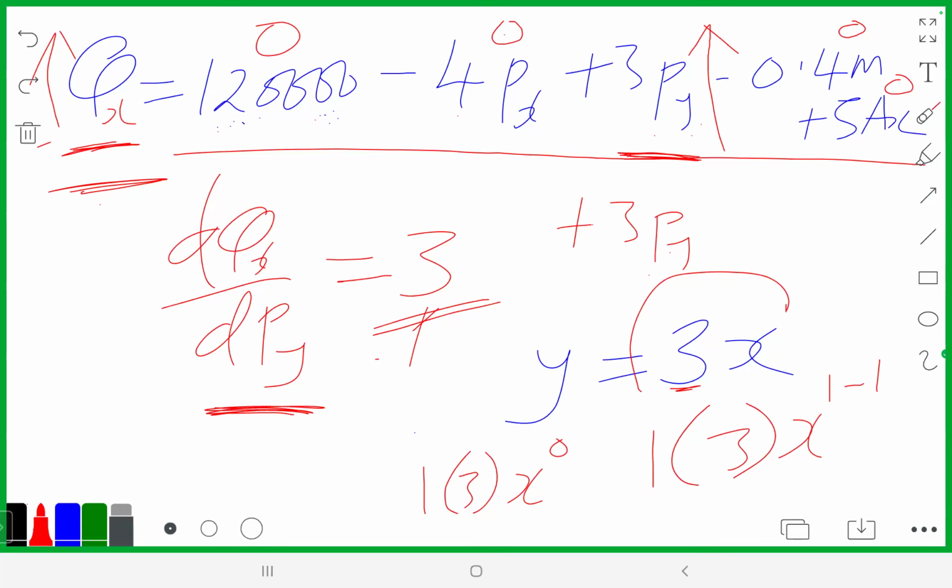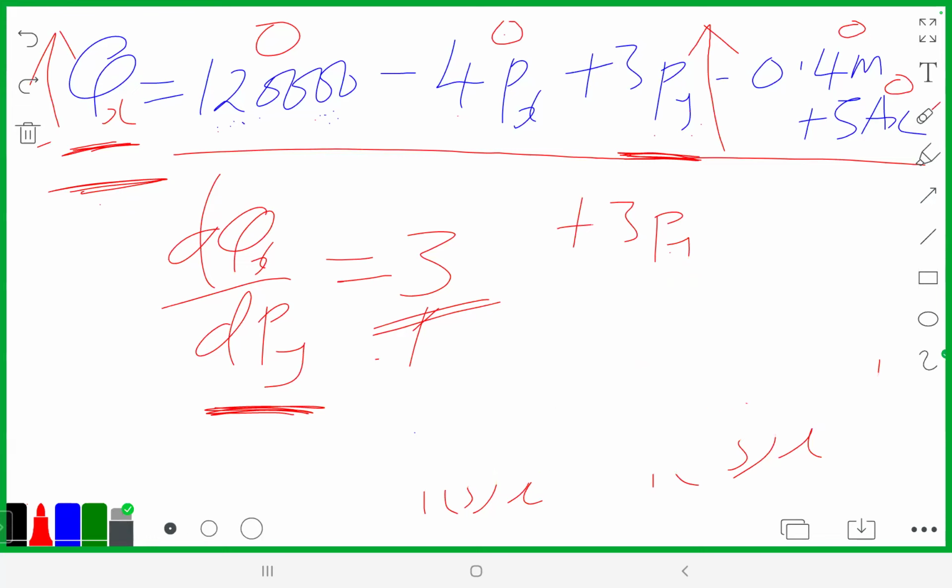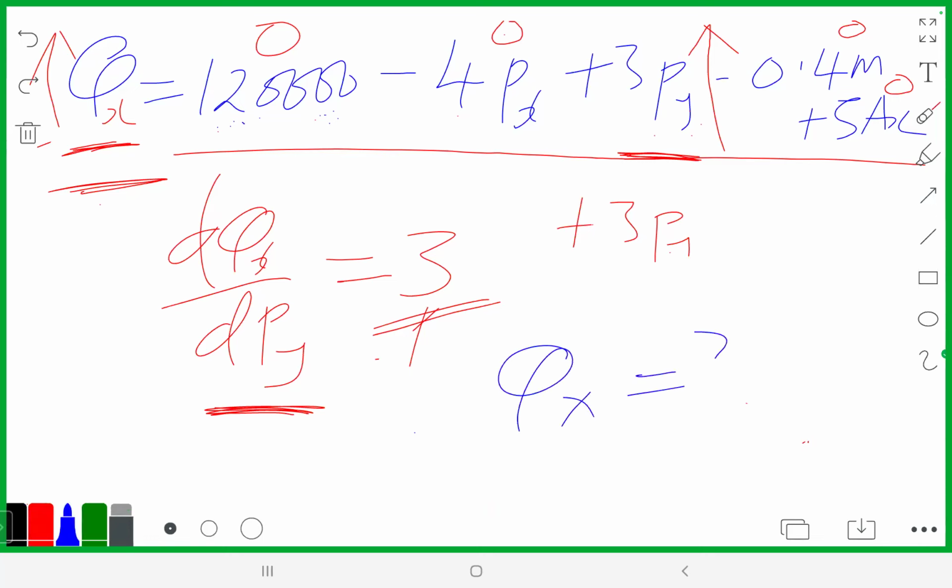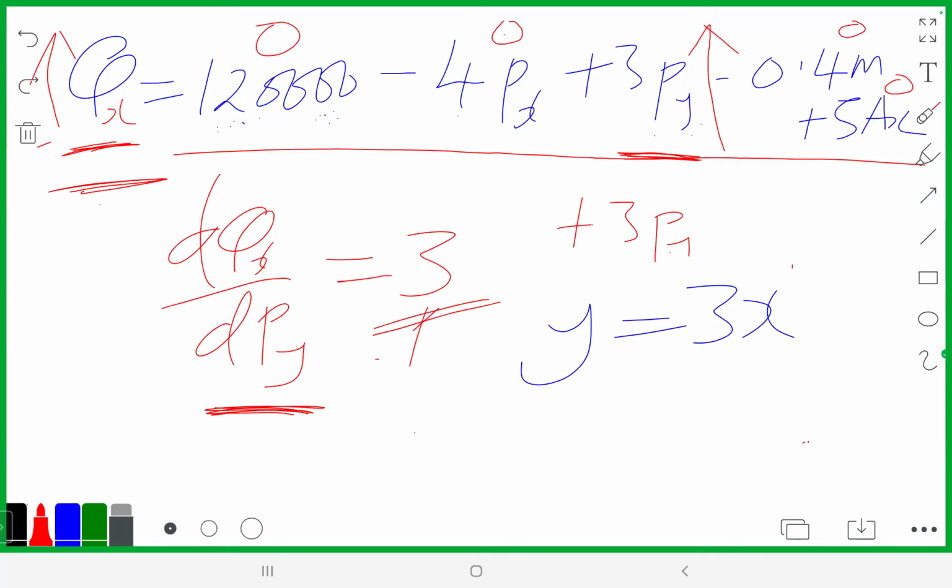Okay. So this is what I'm trying to make you understand: how did we come to 3 from 3py? Because the equation has now reduced, it has just become qx is equal to 3py, isn't it? This is our equation. I was giving you an example, as good as having an equation y is equal to 3x. This equation is raised to the power 1.